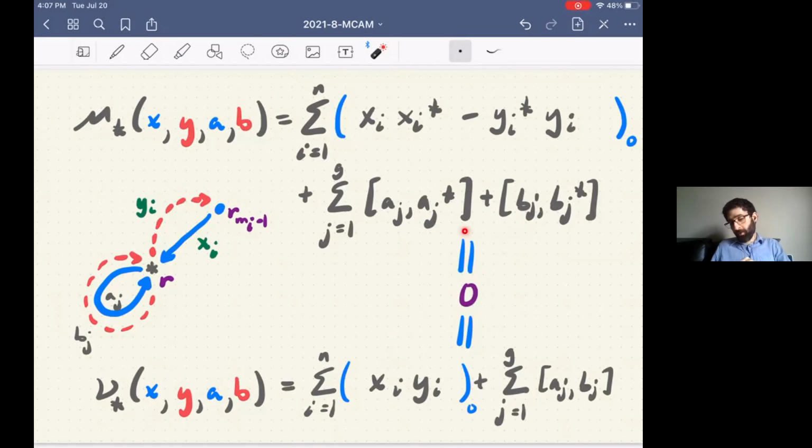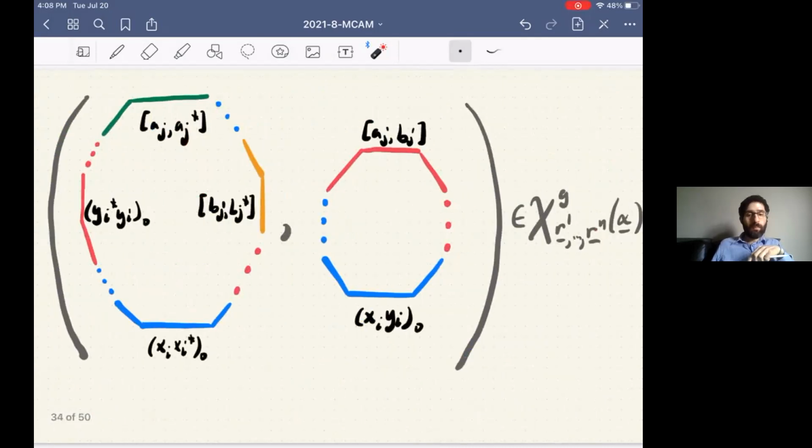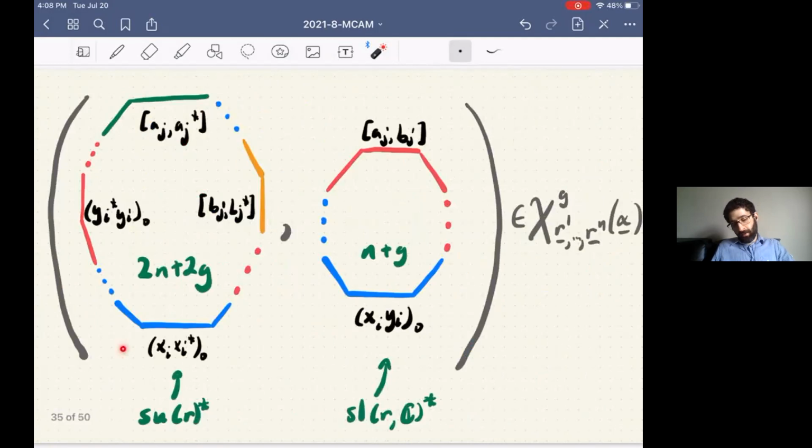This is some closed figure, and here I have n plus g vectors also forming a closed figure. And so the points in this moduli space are really polygons that look something like this. And so this part here is in the SUR part, and this part is in the SLRC part. So this is in the Lie algebra of a compact group, and this is in the complexification.